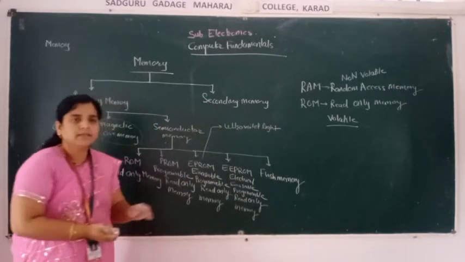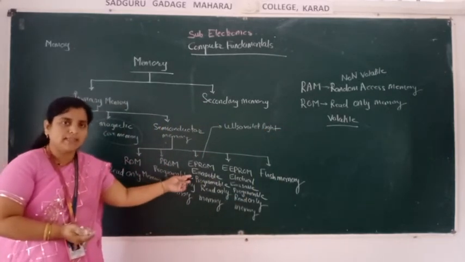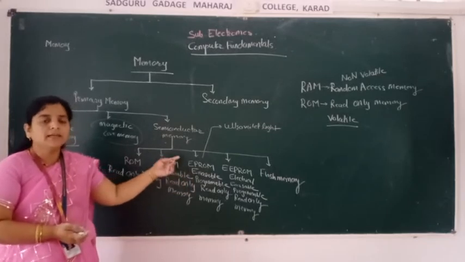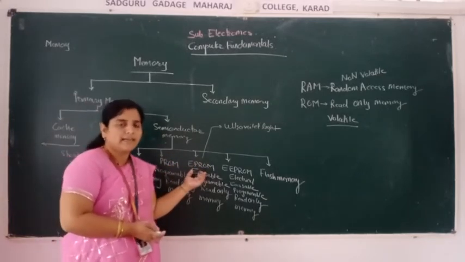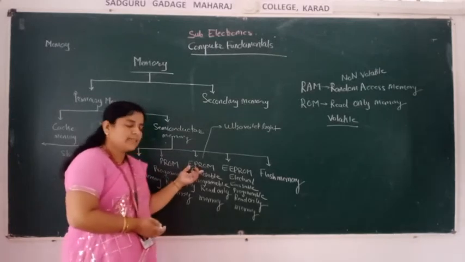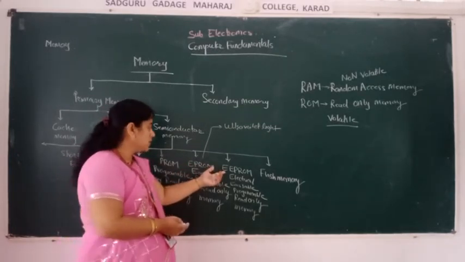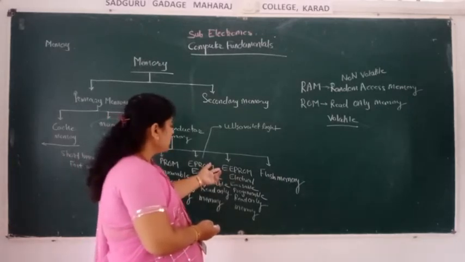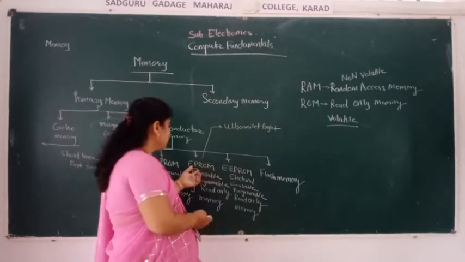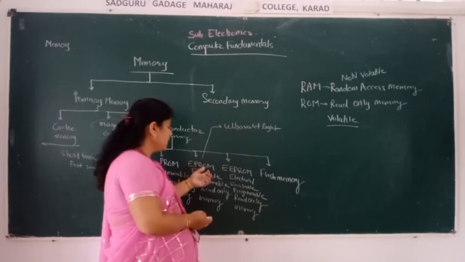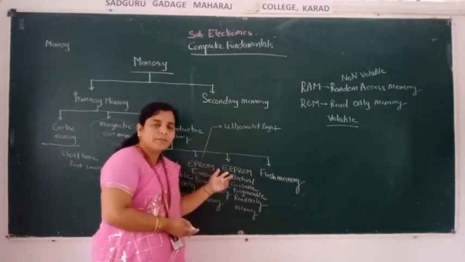If the program is erased electrically, it is called EEPROM, that is, electrically erasable programmable read-only memory. Here EEPROM means what?